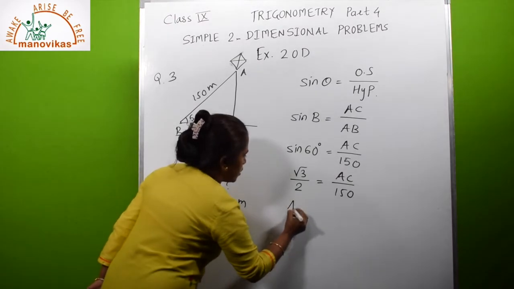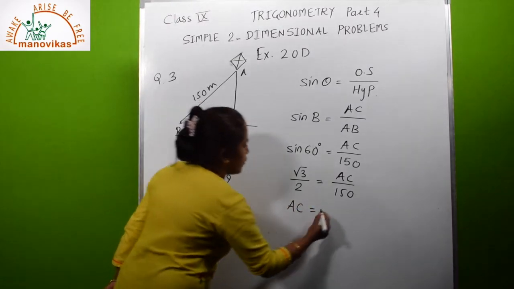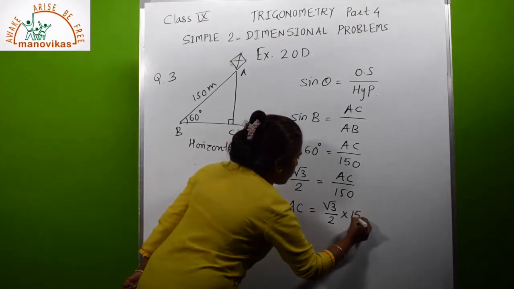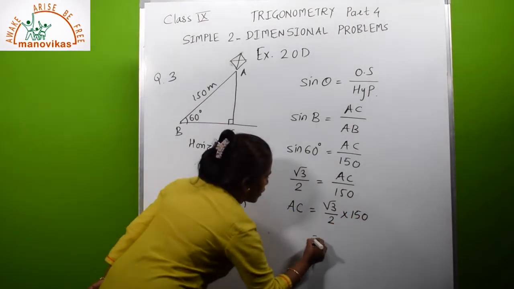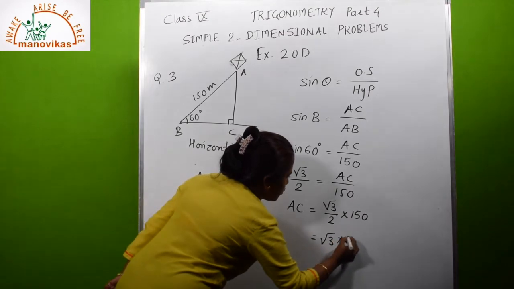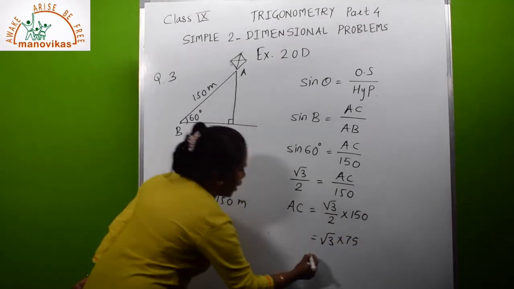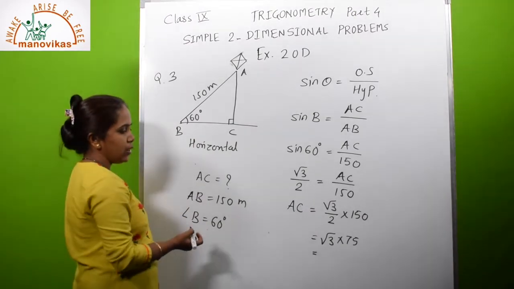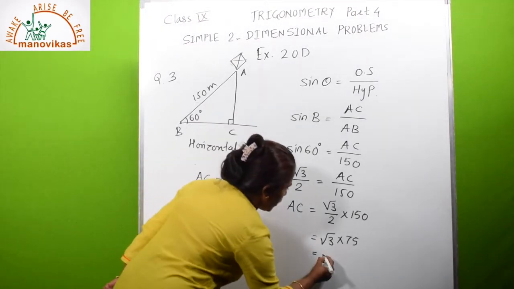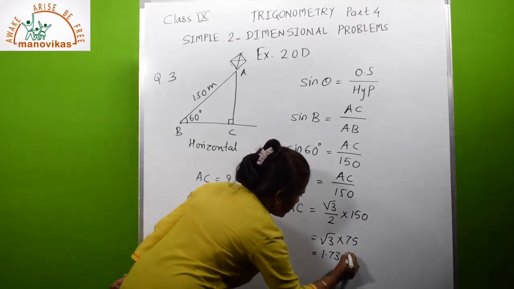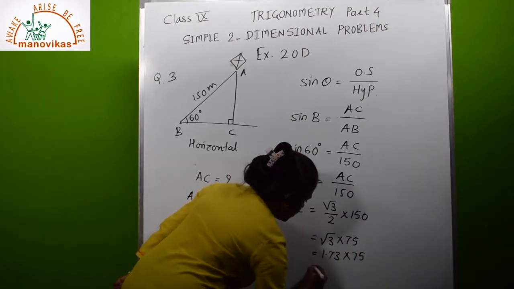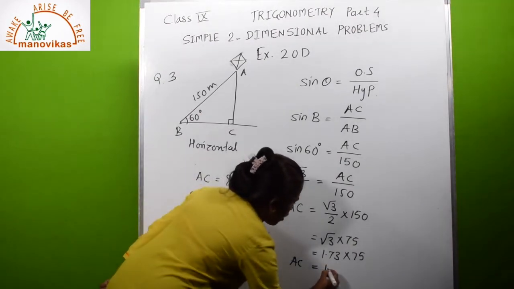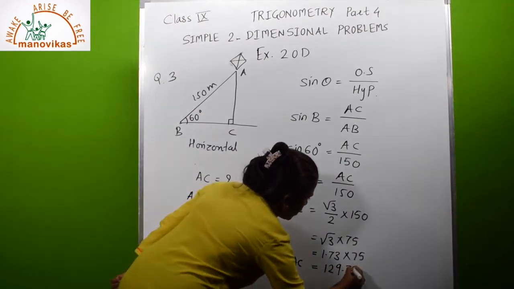So AC is equal to root 3 upon 2 into 150, which is equal to root 3 into 75. In this question, the root 3 value is also given, that is 1.73. If you substitute 1.73 into 75, so the AC value will be 129.75.